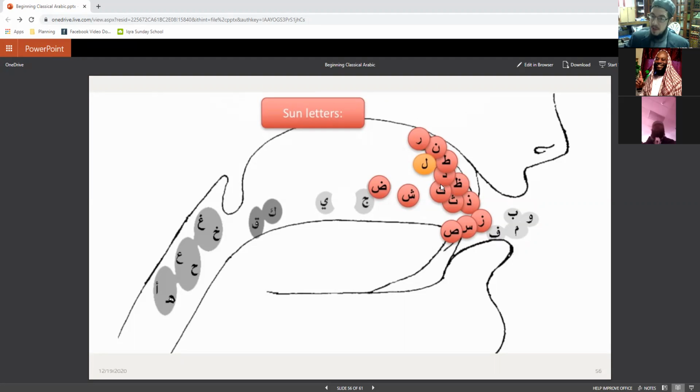Because the lam merges into the following letter, that second letter has to double in duration. Okay? It would not be clear if we just said an-najmu. It would sound like a question, right?